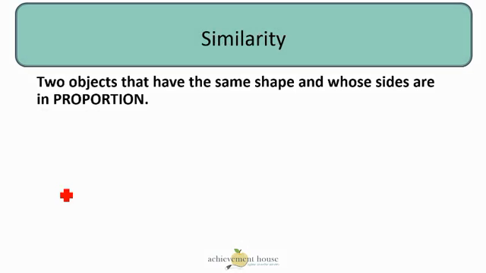Now, we said when two ratios are equal, they're said to be in proportion. If two objects have the same ratio of, let's say, sides, two corresponding parts have the same ratio, then those two objects have the same shape, the same basic shape. So let's think about triangles, for example.